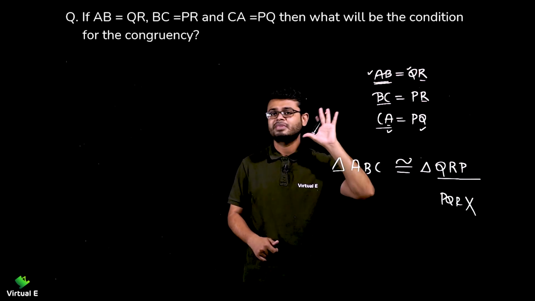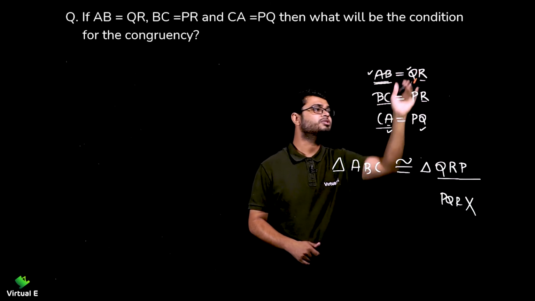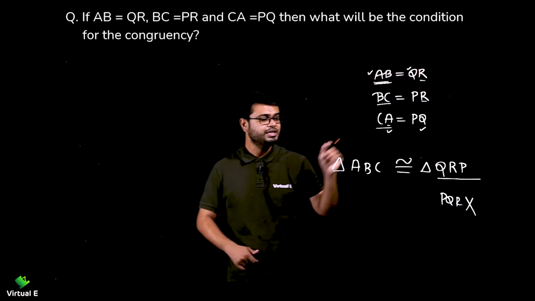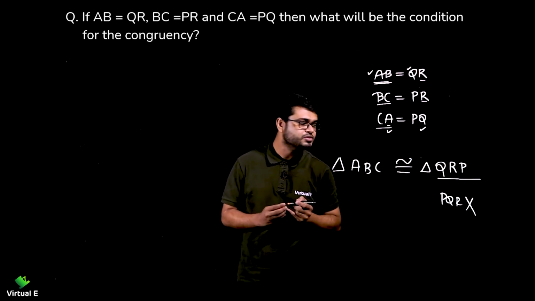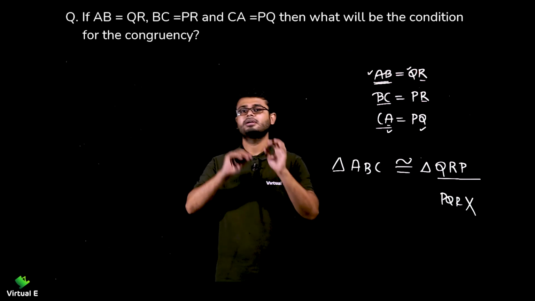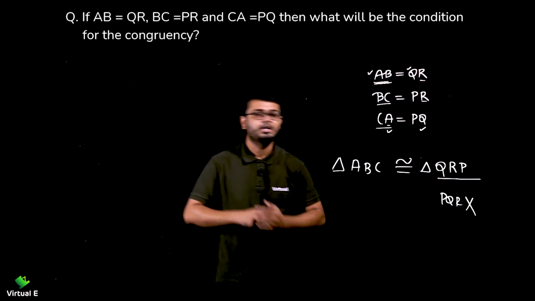And this is a very simple logic, right? You just need to find out the common. A is common over here, so Q is there. B is common over here, so R is there. Two alphabets are done. Whatever is left will go with the C. So this sum only talks about the importance of the order that you need to maintain while you write the condition for the congruency.